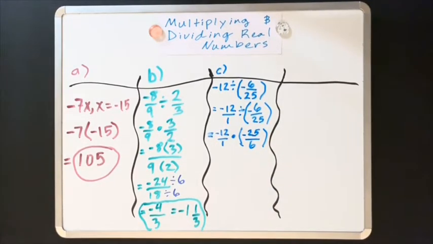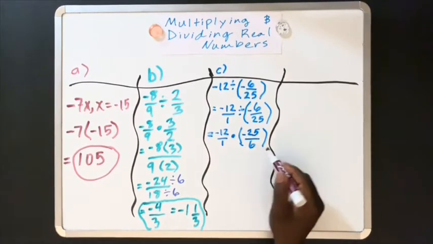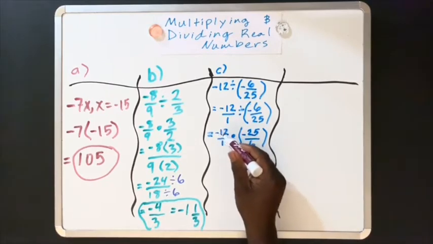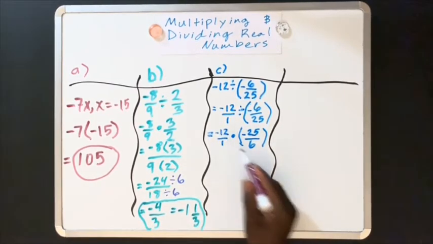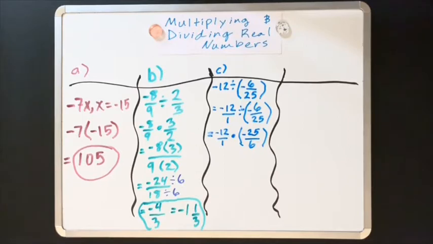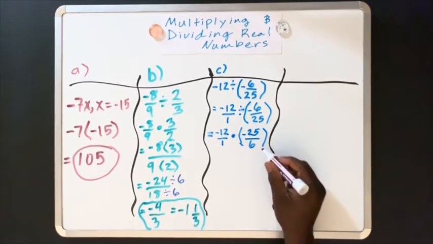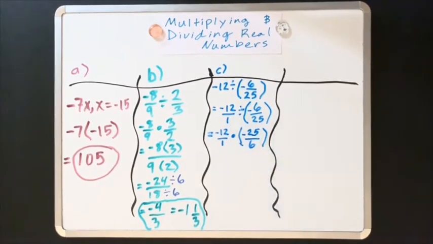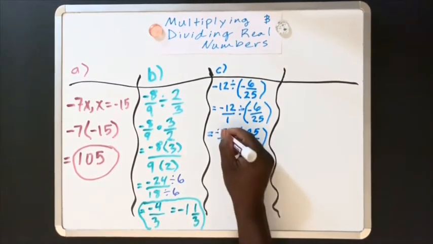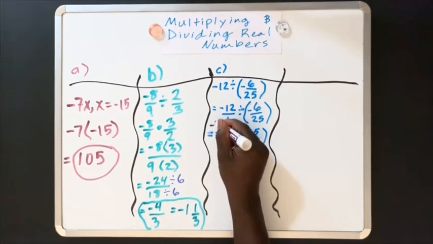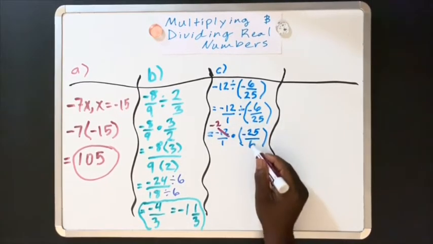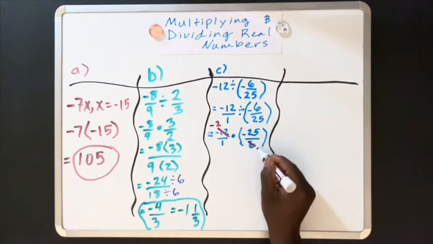Now, sometimes you can cross cancel. I'm going to show you what I mean by that. In this case, we can. We have negative 12 here and 6. But cross cancel, we ask ourselves, can 6 go into negative 12? Yes. Negative 12 divided by 6 is negative 2. So we cross that out and write negative 2. And then 6 goes into 6 one time.